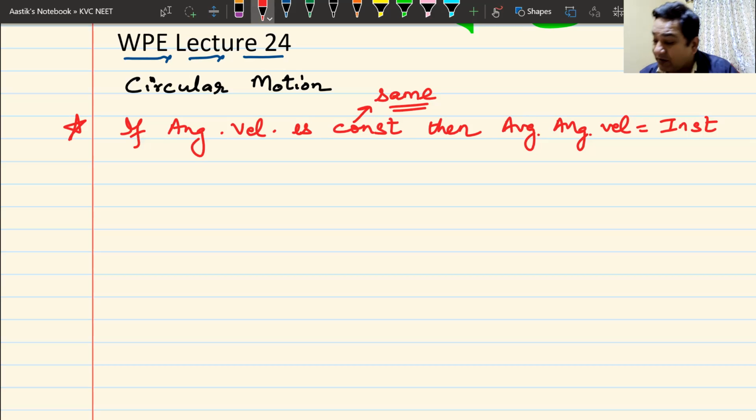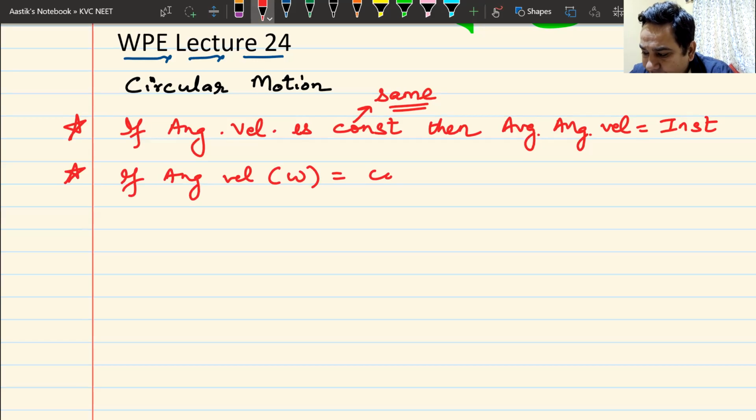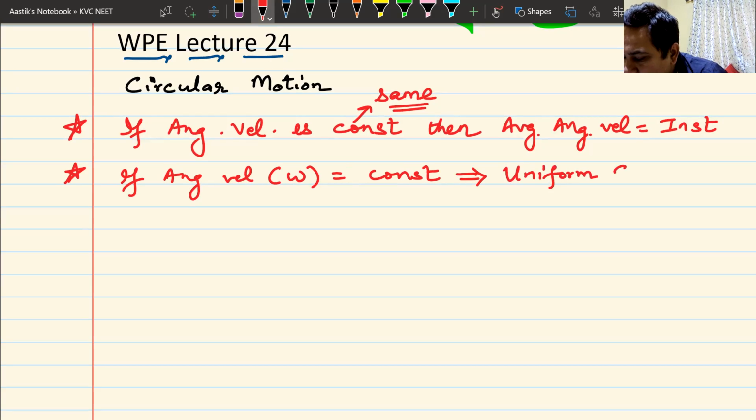Now, again I will mark it as the second point: if angular velocity, let me just call it omega, is constant, then the motion that is happening in a circular path is known as uniform circular motion.